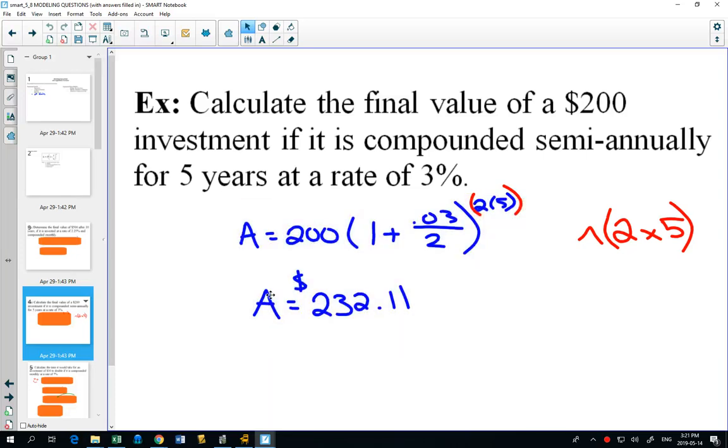Once again, it's one that you can just plug things into your calculator. Now in the red there, if you have an older calculator and you have 2 things in your exponent, you will need to put brackets around those.